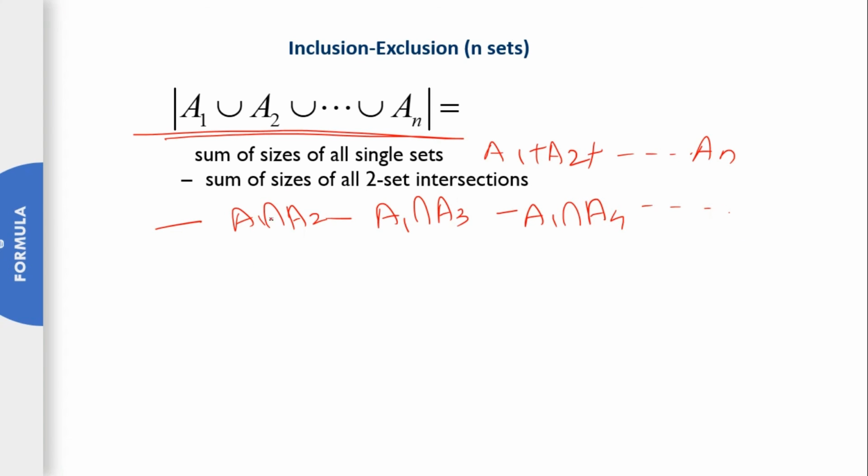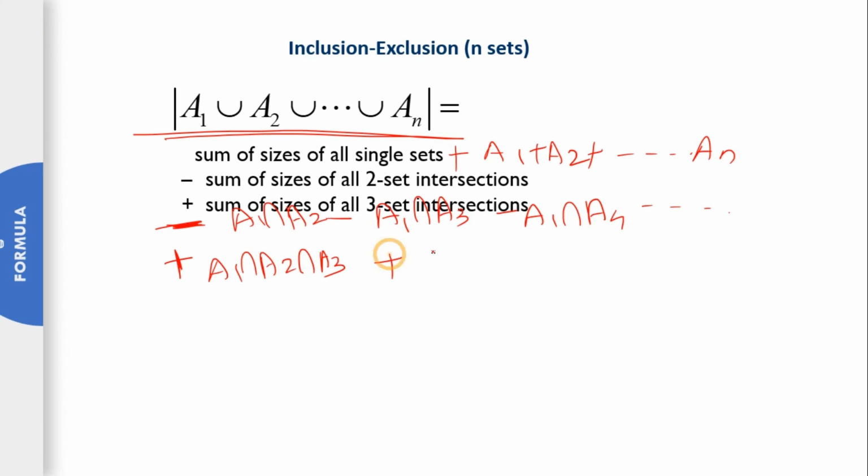All the possibilities of two-set intersection will be listed out here. Next, on three-set intersections we will add a plus sign: plus A1 intersection A2 intersection A3, plus A1 intersection A2 intersection A4, and so on.